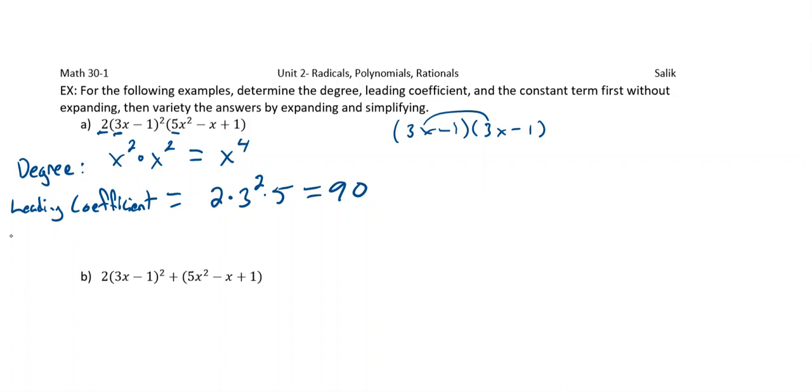All right, the constant term. Okay, so constant term here. How do we do this one? Yeah. Would it be the 2 times the -1 and then times 1? Yep. Yeah, perfect.